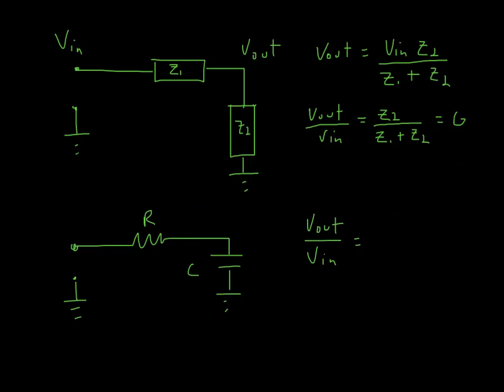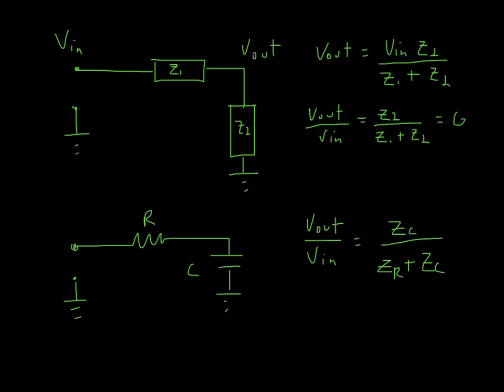Well, maybe we don't go that far. We'll just put ZC, and we'll put R plus ZC. I guess I could have put ZR. Let's go back and we'll actually do it to keep notation consistent. Okay, this is just plugging in R and C for subscripts.